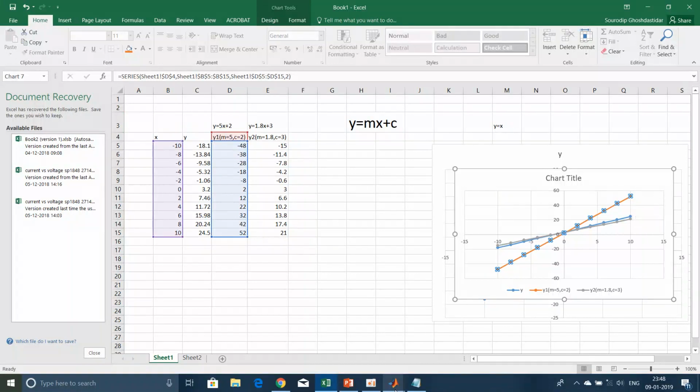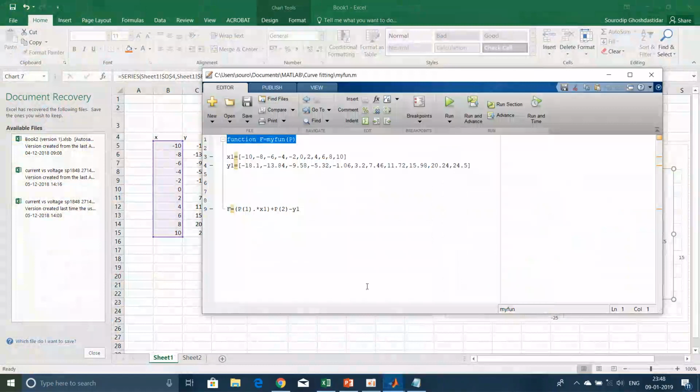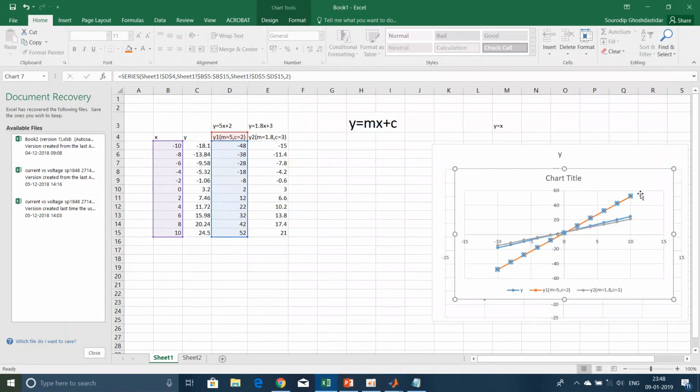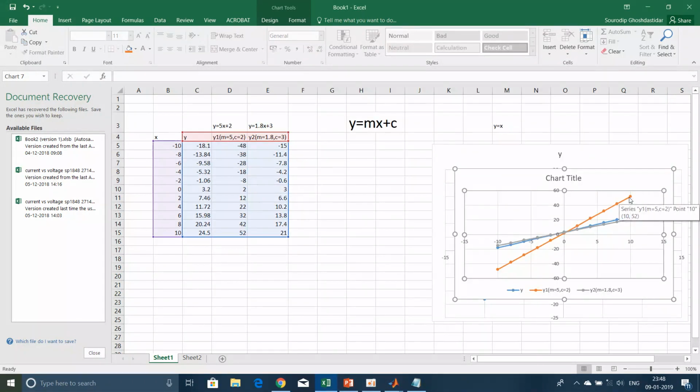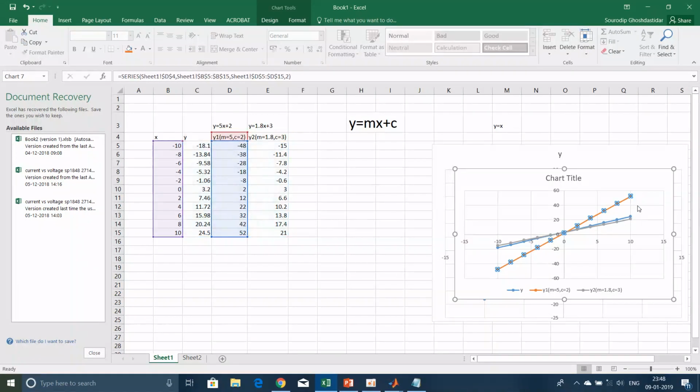So the function myFun would find the difference between each of these points, this red point and the blue point here, the red point here and the blue point here, and store them in an array.